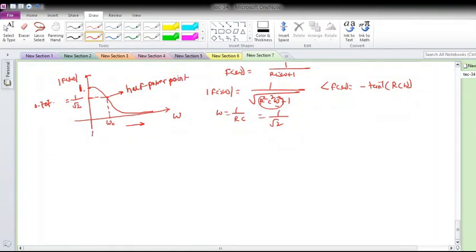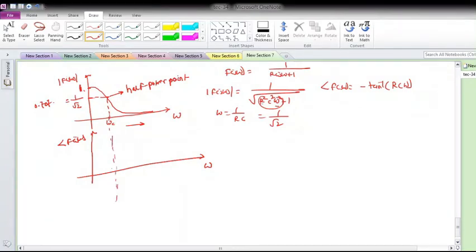Similarly, let me draw the phase response. How will the phase response be? At omega equal to 0, you will get 0. Now let me calculate at omega equal to 1 by RC, that is omega equal to omega c.